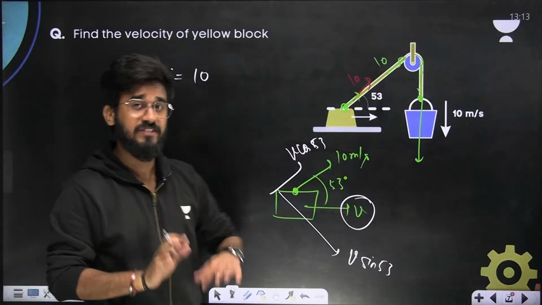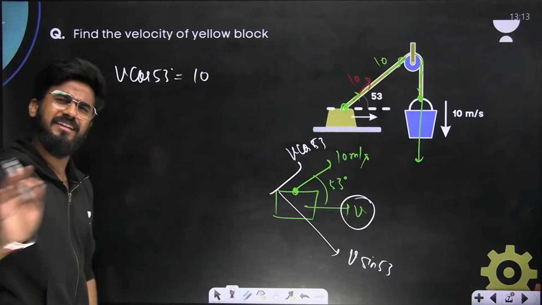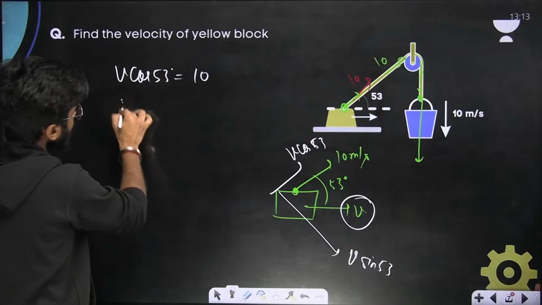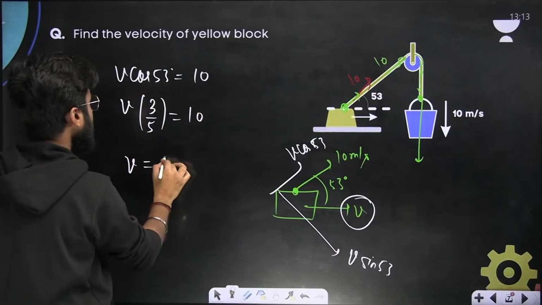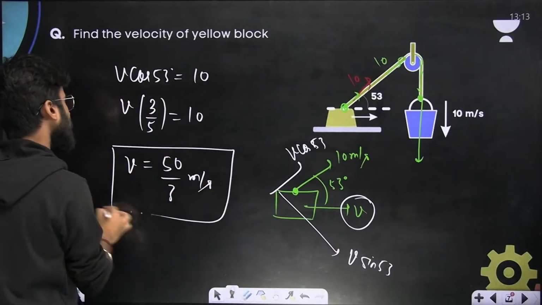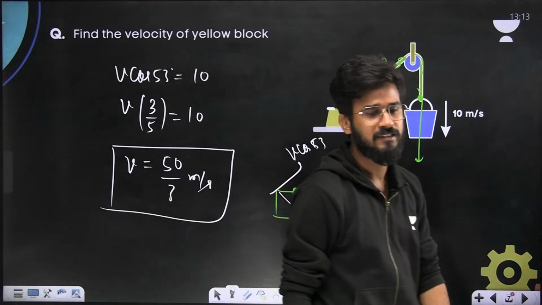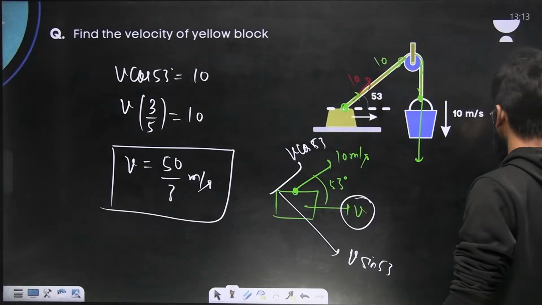You'll have to remember these values because these are the most important things in mechanics, or in any section of physics. So v times 3 by 5 equals 10, so v will be equal to 50 by 3 meters per second. So this is the value of v. Got it? Clear? Okay, now let us move on to the next thing.